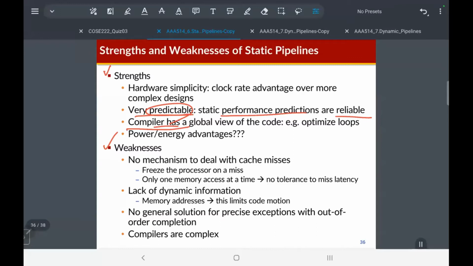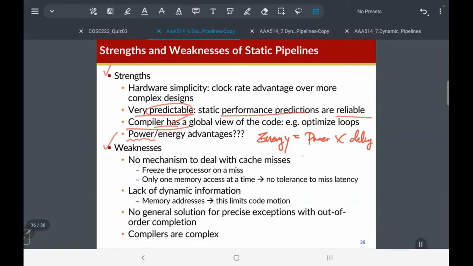It's good for the power consumption, but it may not be good for the energy. So why? Why can we not say this static pipeline architecture is good for energy consumption? Because energy is power multiplied by delay.